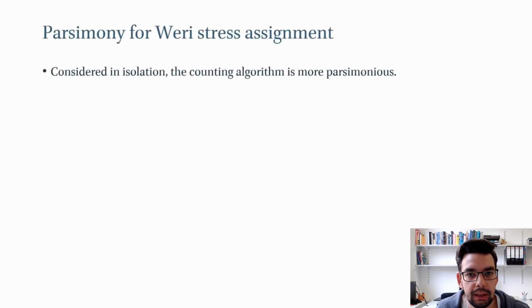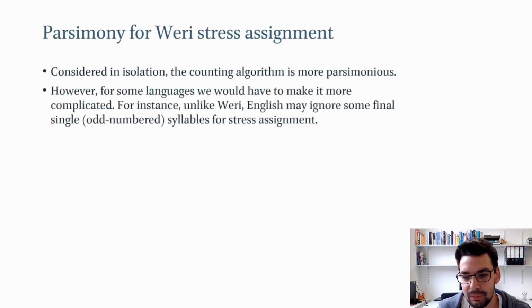But in some languages, when you have that situation, they don't get a stress. So for those languages, to account for them, we need to add something else to that counting algorithm, and then they both have 4 steps at least. If we do that, then neither of them really is much easier in that way.